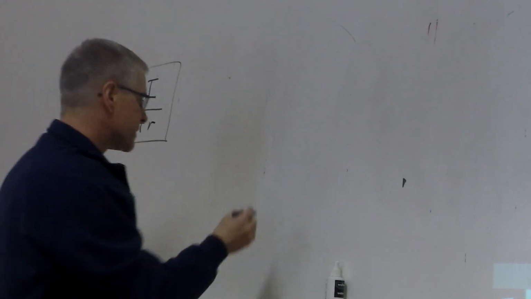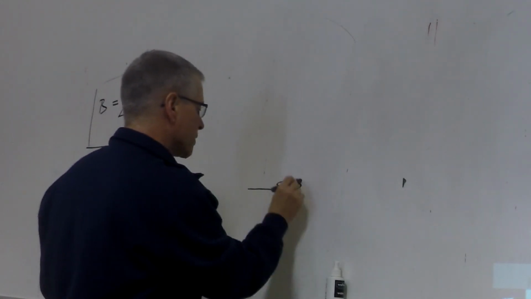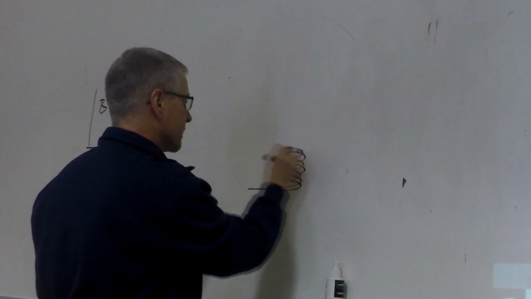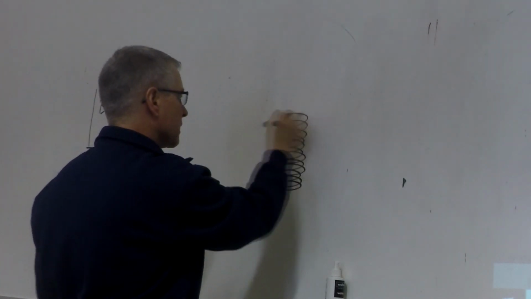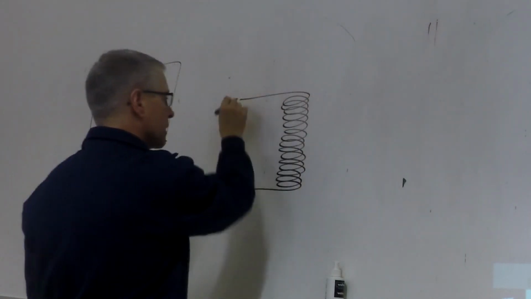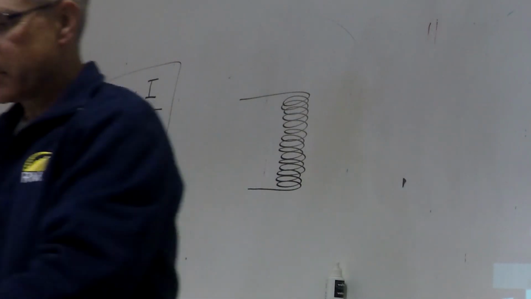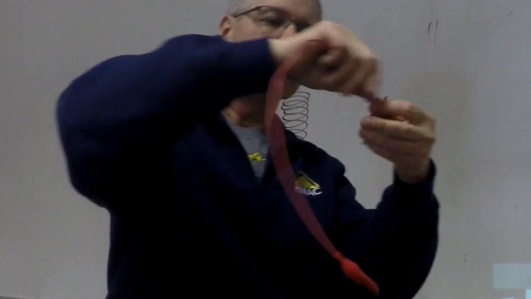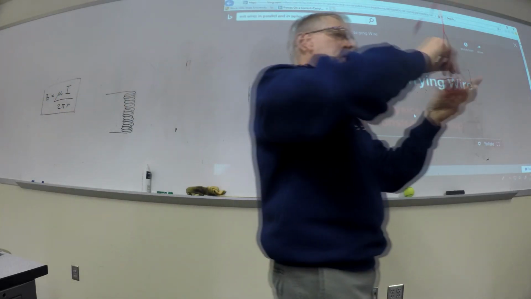What happens if I draw it and then kind of show it. Take my loop, instead of a single loop, make a whole bunch of them and stack them on top of each other. Take this guy and make a bunch of little loops like this and stack them.